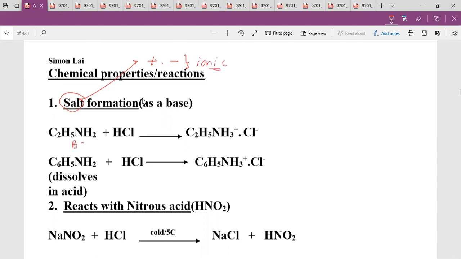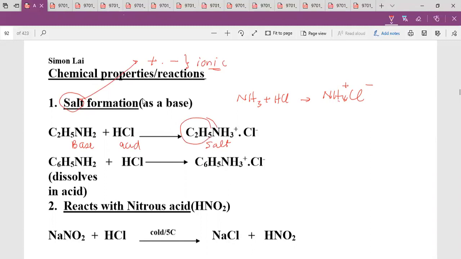It's a base, it's an acid, so you form a salt. Now it's written in this funny way, instead of ammonia plus HCl giving ammonium chloride. So here's actually NH3 plus. Instead of hydrogen here, you've got an R group here.